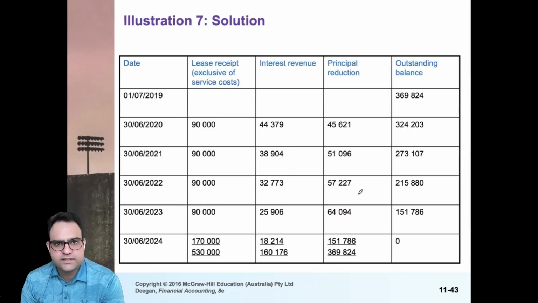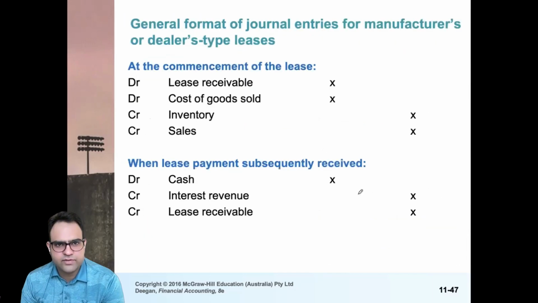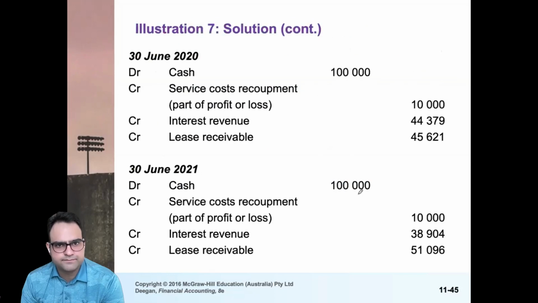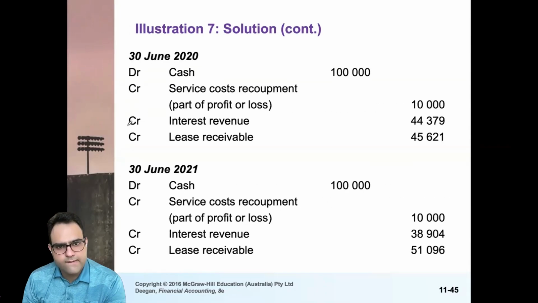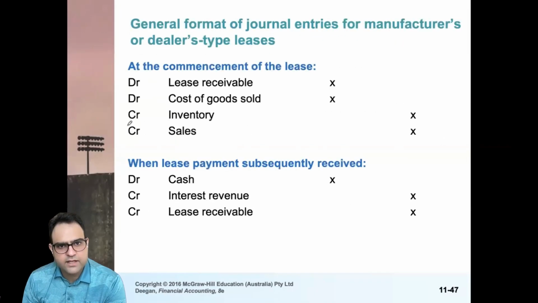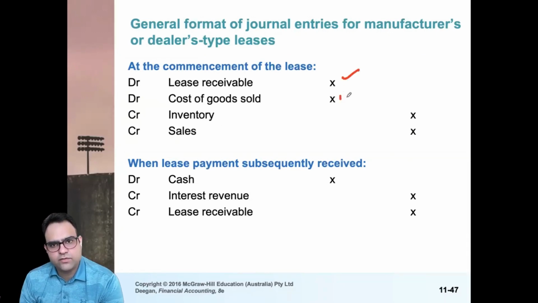In this case, there are some questions you can do. What will be the entry system? The entry system in this case will go to the lease, so lease to cost of goods sold.